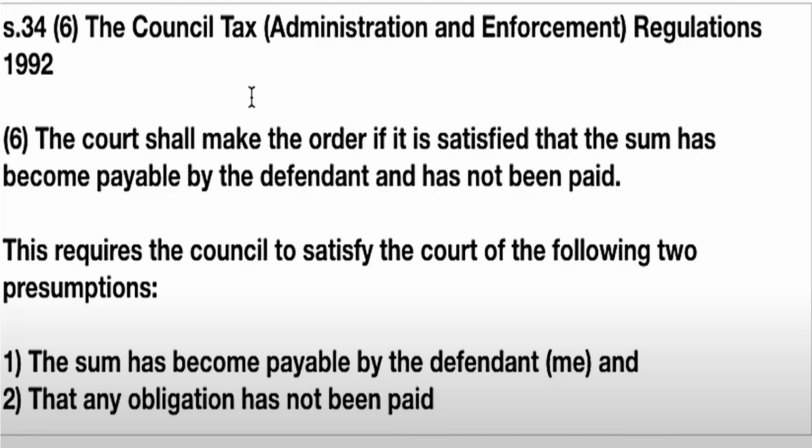Now, Section 34, Council Tax Administration Enforcement Regulation: the court shall make an order if it is satisfied that the sum has become payable by the defendant and has not been paid. This requires the council to satisfy the court of two presumptions: the sum has become payable by the defendant, which is usually you, and the obligation hasn't been paid.